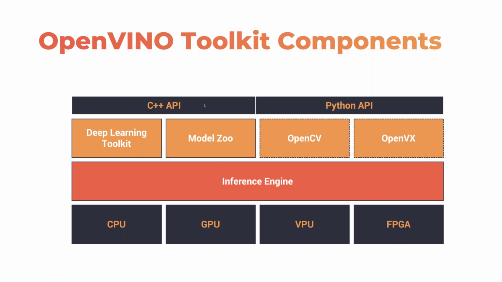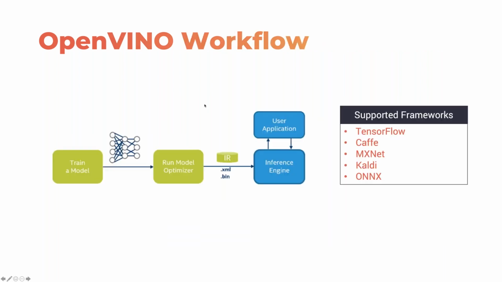Now, when it comes to understanding the workflow as a software developer, as either an ML engineer or an edge computing engineer, how do you use OpenVINO? Well, there are two steps. The first step is to train, actually three steps, assuming you're also performing the training. So you first train a model, and for that you basically use TensorFlow, Caffe, MXNet, or one of the supported frameworks.